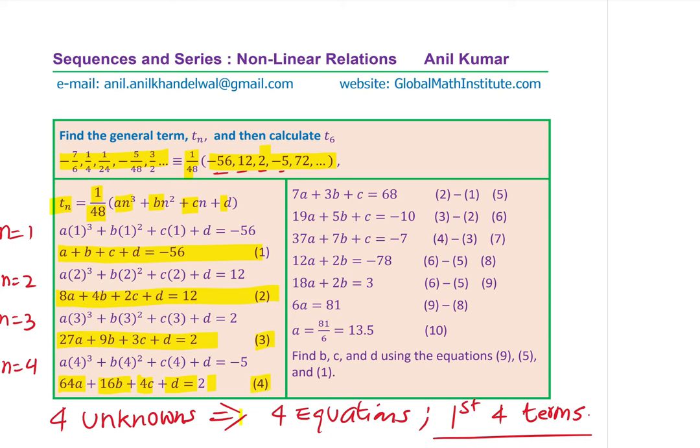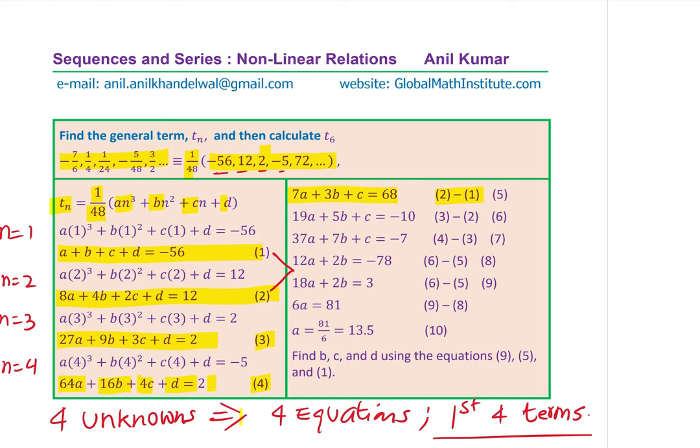Now, systematically, we are going to eliminate these unknowns one by one and then find the values. Well, first step first, we'll eliminate from these two and get the value without d, right? So we do equation 2 minus 1. When you do equation 2 minus 1, you get a simplified result where d has been eliminated.